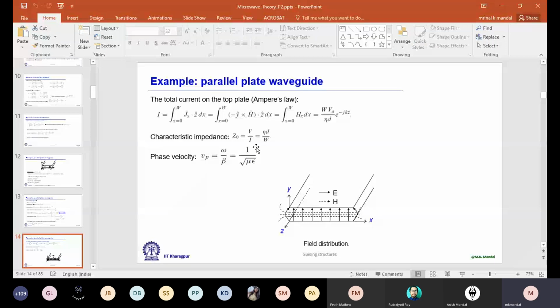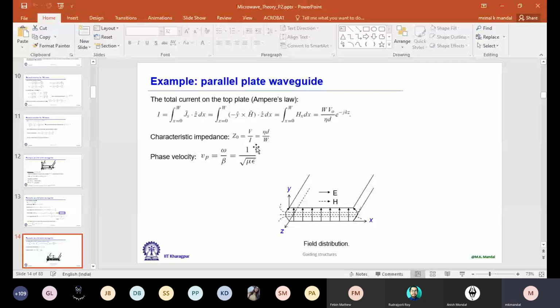What about the phase velocity? The basic relationship is omega by beta, which is equal to 1 by square root of mu epsilon. So the characteristic impedance depends on the dimensions of this parallel plate, the separation d and w, and also on the material we use inside. Eta depends on it, so it also depends on mu and epsilon.